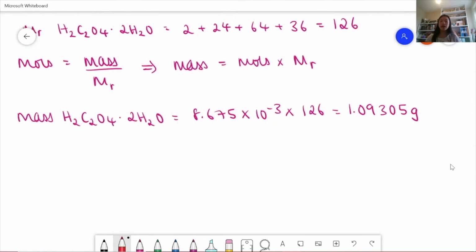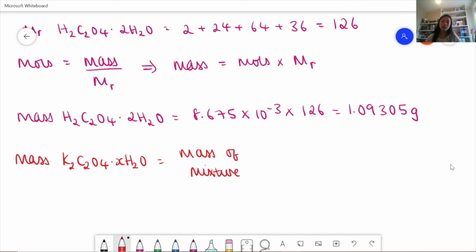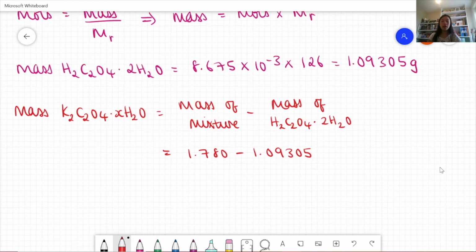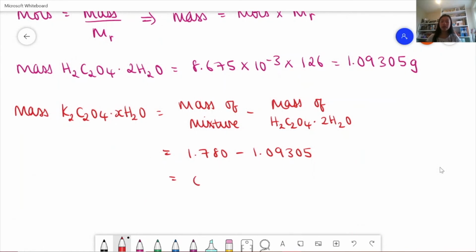So we have that the mass of potassium ethane dioate equals the mass of the mixture minus the mass of ethane dioic acid, and that equals 1.780 minus 1.09305, and this gives us 0.687 grams.